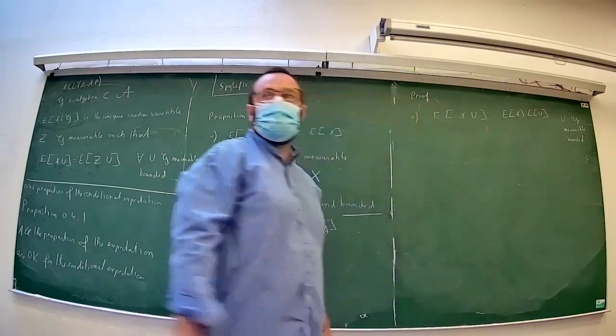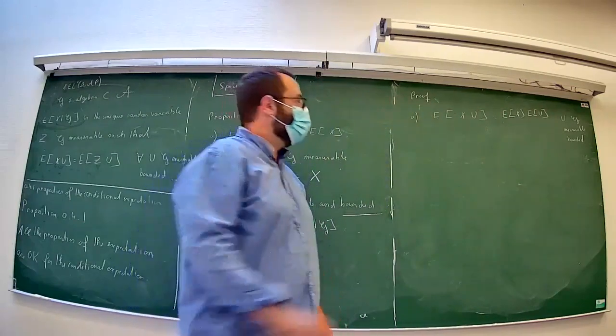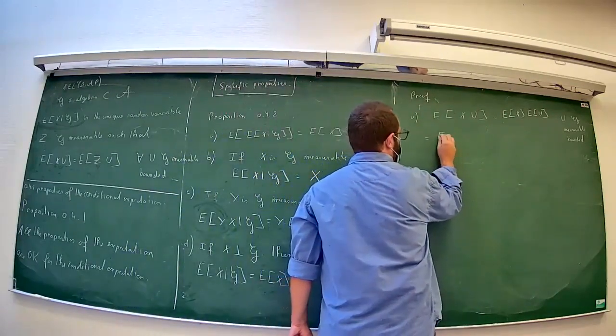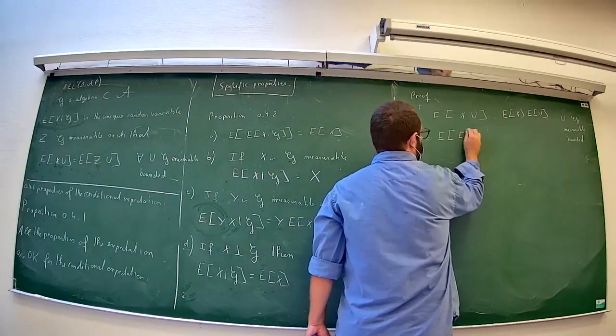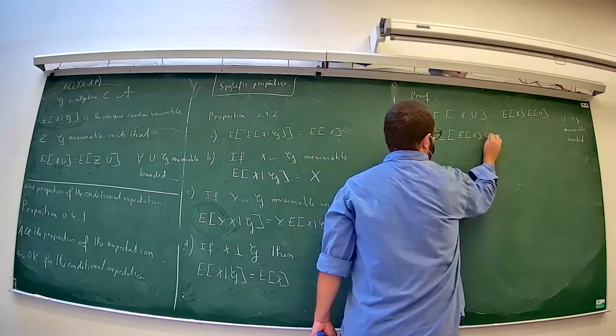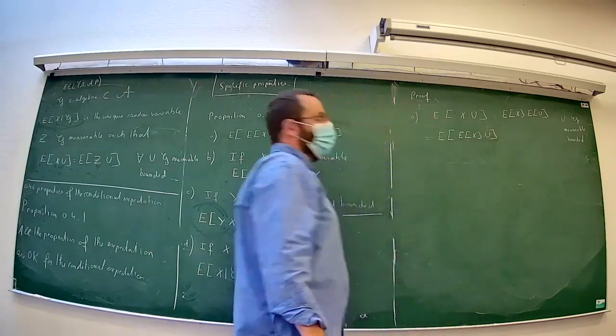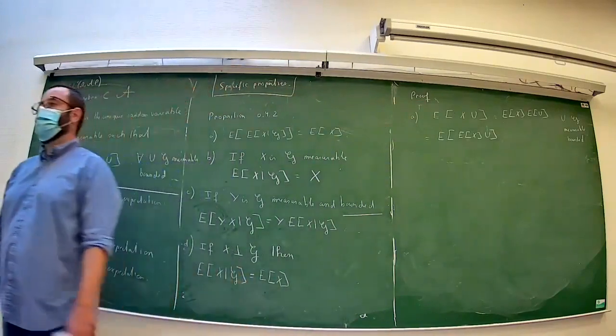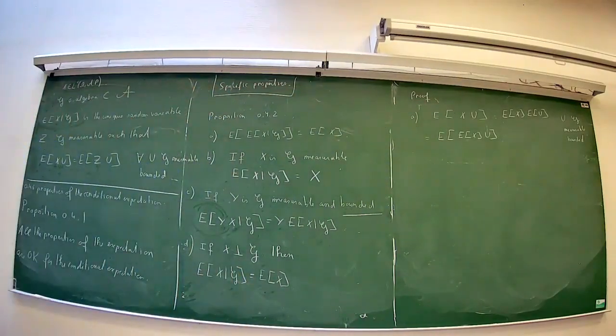But the expectation of x is a number, so by linearity I can write this. By linearity I have this. That gives me the result. Why?